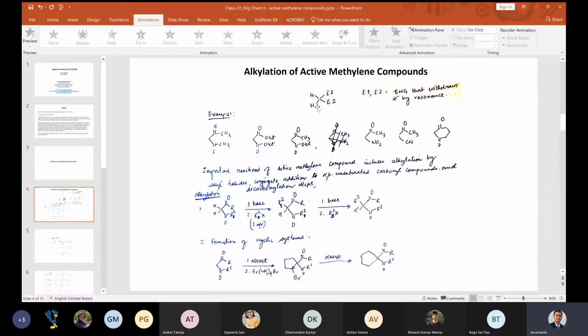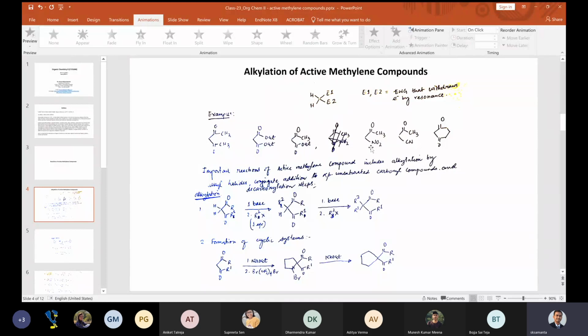So you have a methylene group, that is CH2 group, which is connected with two electron withdrawing groups. It could be same, it could be different. E1 and E2, that is an electron withdrawing group. So we have seen many examples like this acetyl acetone or diethyl malonate, ethyl acetoacetate.